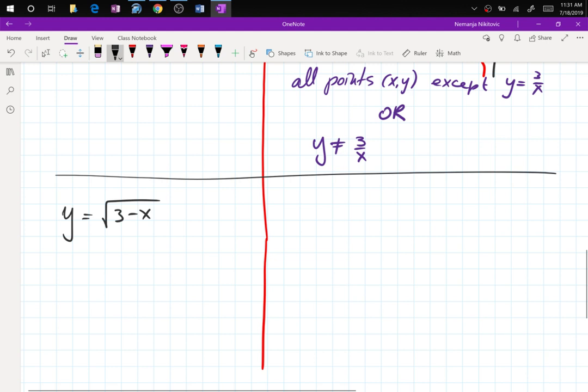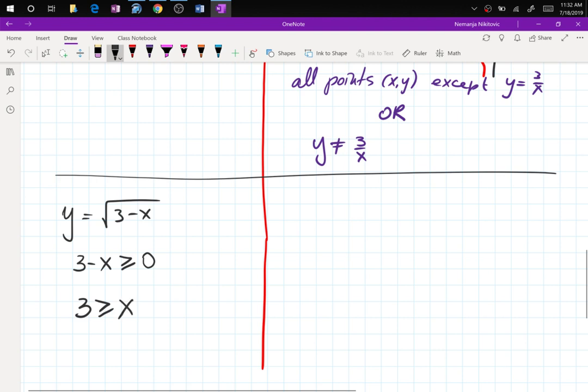If they're negative, the answers are imaginary, and we have to take them out of the calculation because it's not real. So we would say 3 minus x needs to be larger or equal to 0.